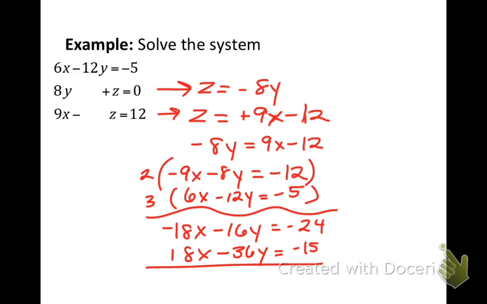So that gets me negative 52y equals negative 39. Oh goodness, so 39 divided by 52 is 3/4. So y is equal to 3/4.